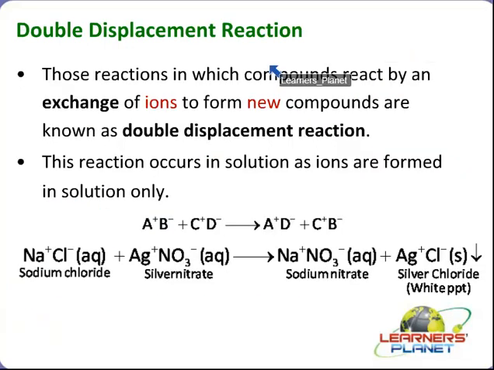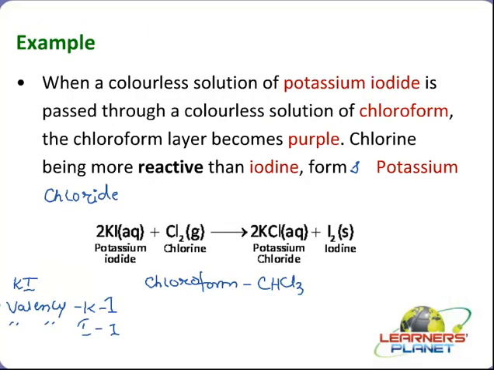Now let's discuss another type of reaction, that is double displacement reaction. What do you mean by single displacement? That one substance has replaced another. Like in our previous slide, we saw only chlorine replacing iodine.